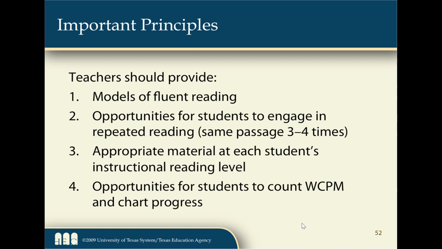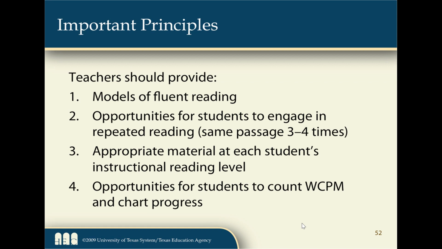You should allow time for students to read the same text over and over and over again, because repeated reading works to improve fluency. Make sure that the material you're asking students to read is instructional level, or giving them the opportunity to choose independent level reading during their own time.